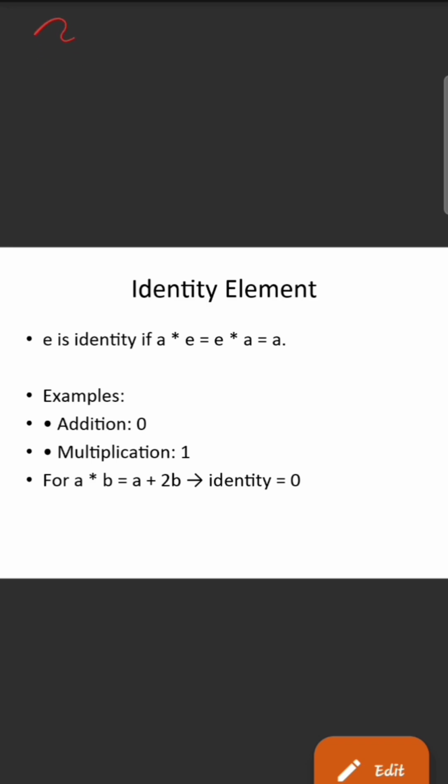If you are asked to find the identity element of 5, it is 0 if it is defined on addition, and it will be 1 if it is defined on multiplication.